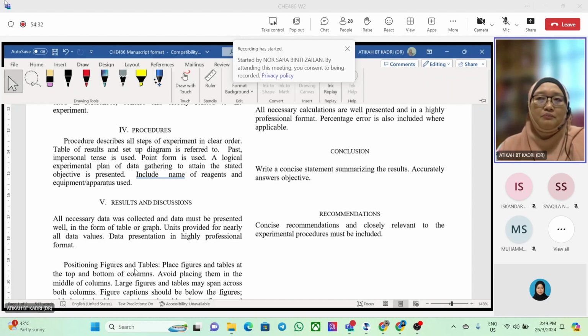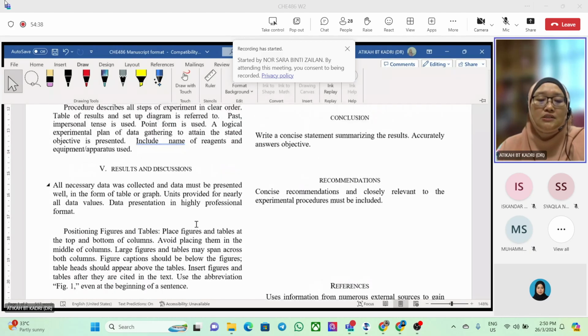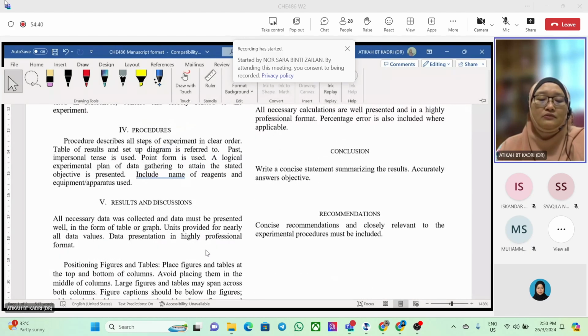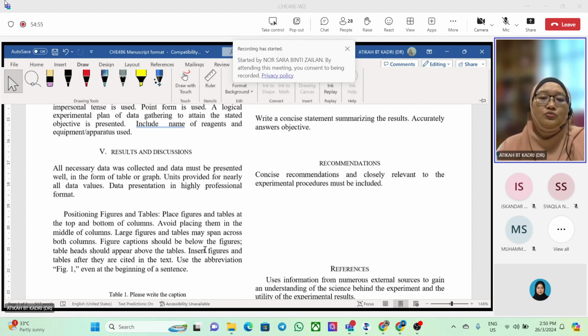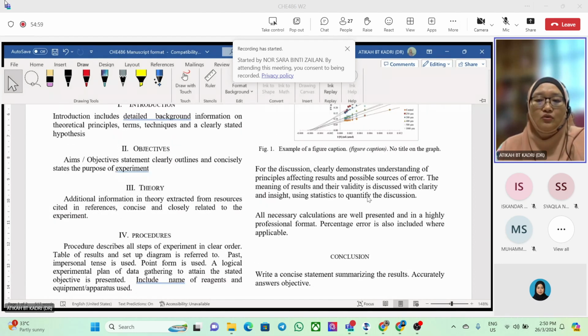The format is such that whenever you come up with a figure, let's say a chart, the chart is basically your result, but what you say about the chart is going to be your discussion. So make sure that you have the caption of your chart or figure.